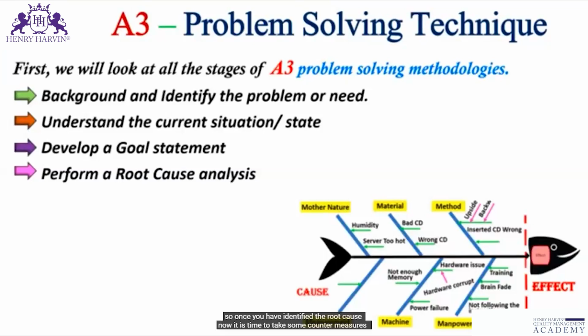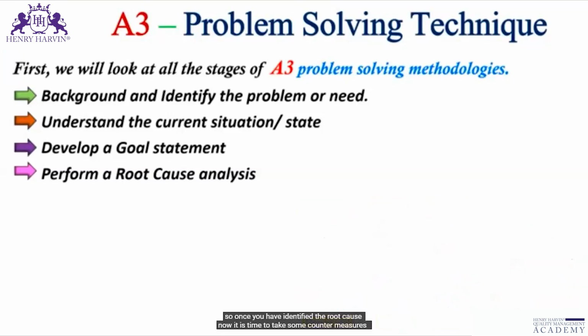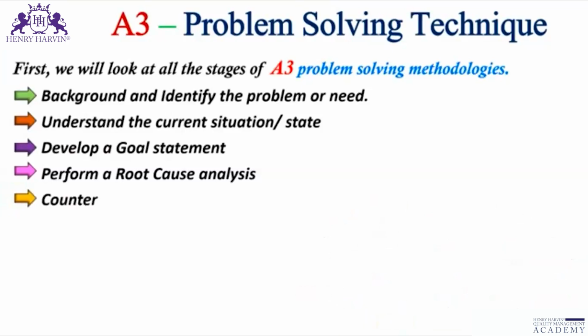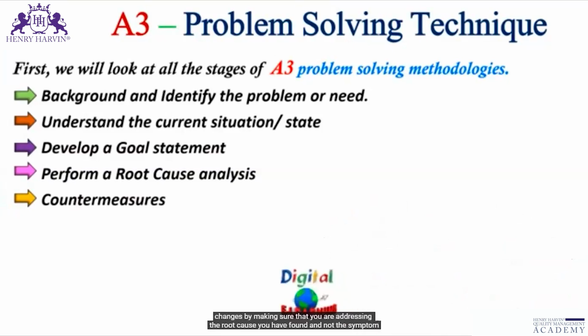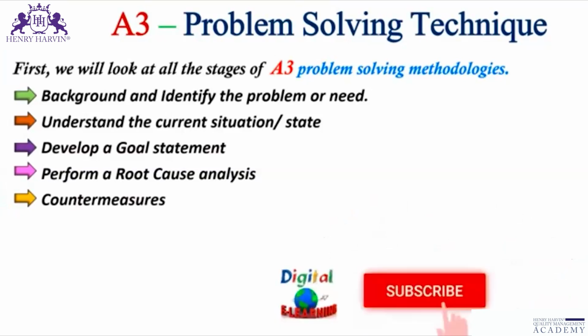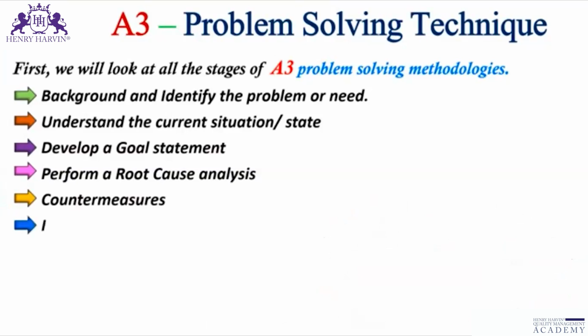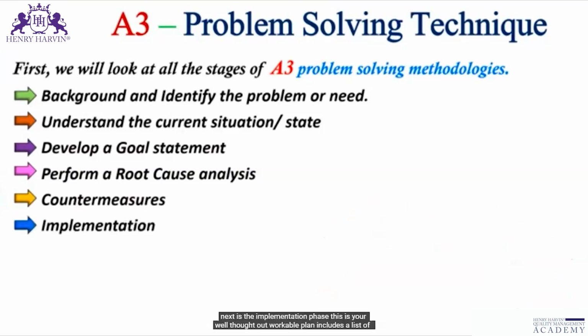Once you have identified the root cause, now it is time to take some countermeasures. The underlying cause can be properly addressed by using these countermeasures. These are the steps that you are going to take to make necessary changes, by making sure that you are addressing the root cause you have found and not the symptom. Next is the implementation phase.